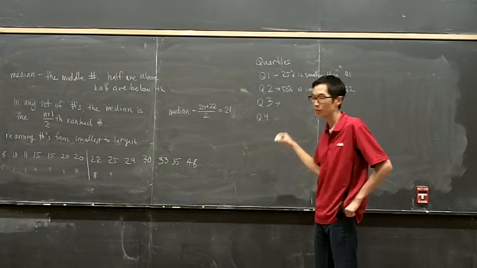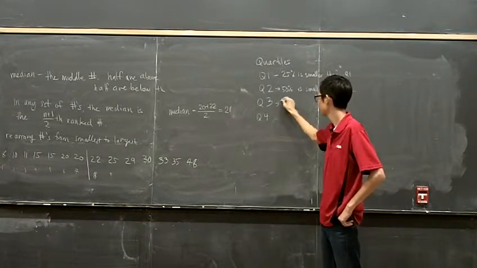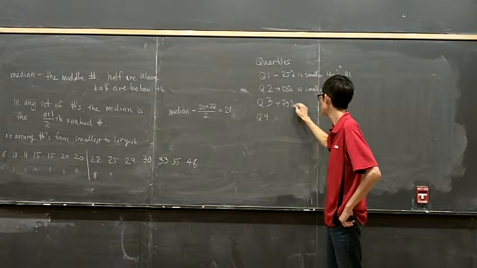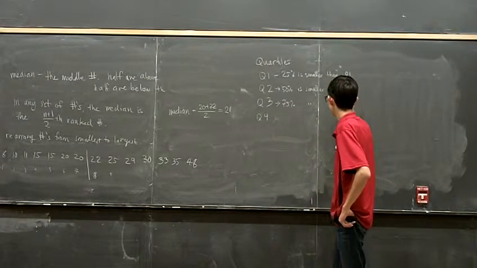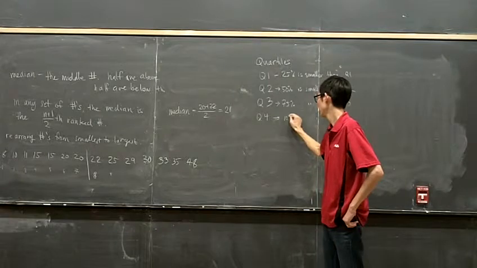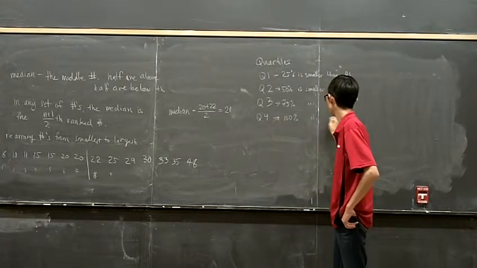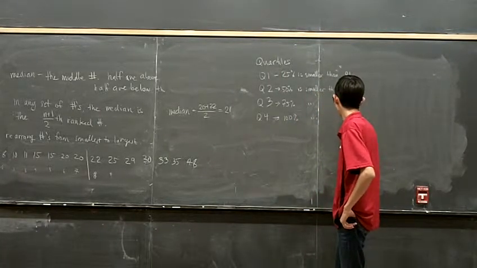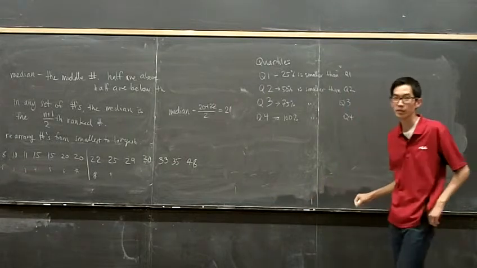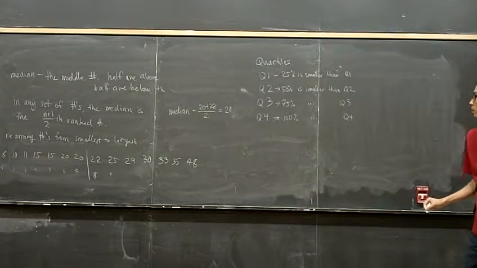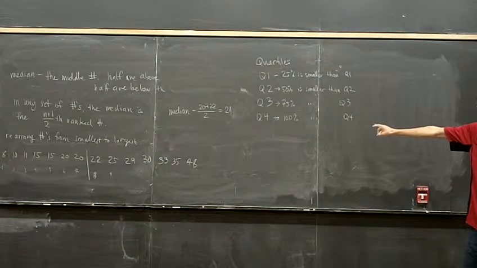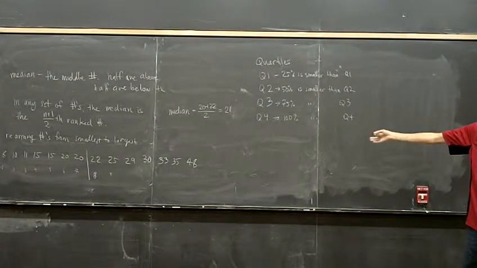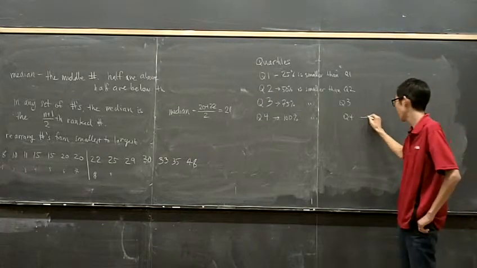Q3, how much is going to be smaller than Q3? 75% is smaller than Q3, and Q4 would be 100% is smaller than Q4. So Q4, in other words, is the largest number in your data set. So Q4, we just call that the maximum.